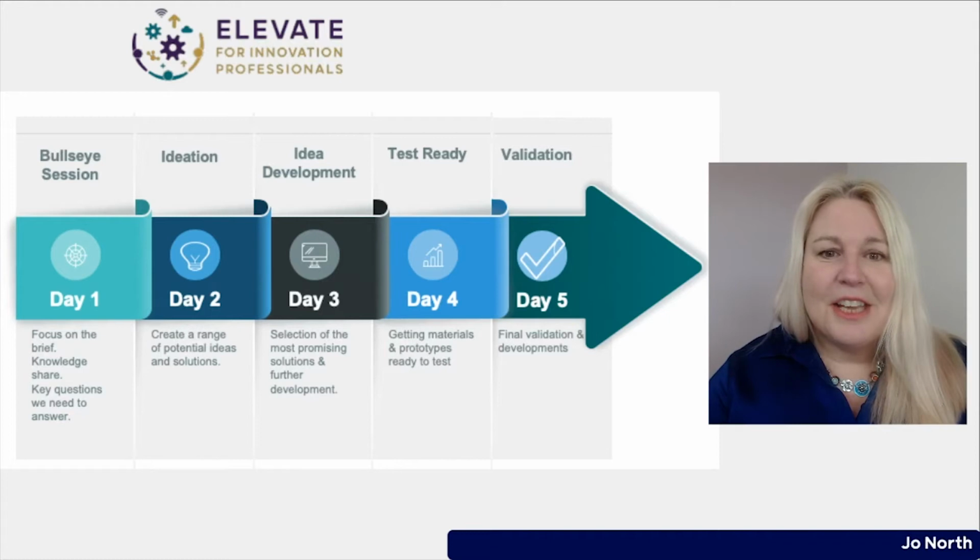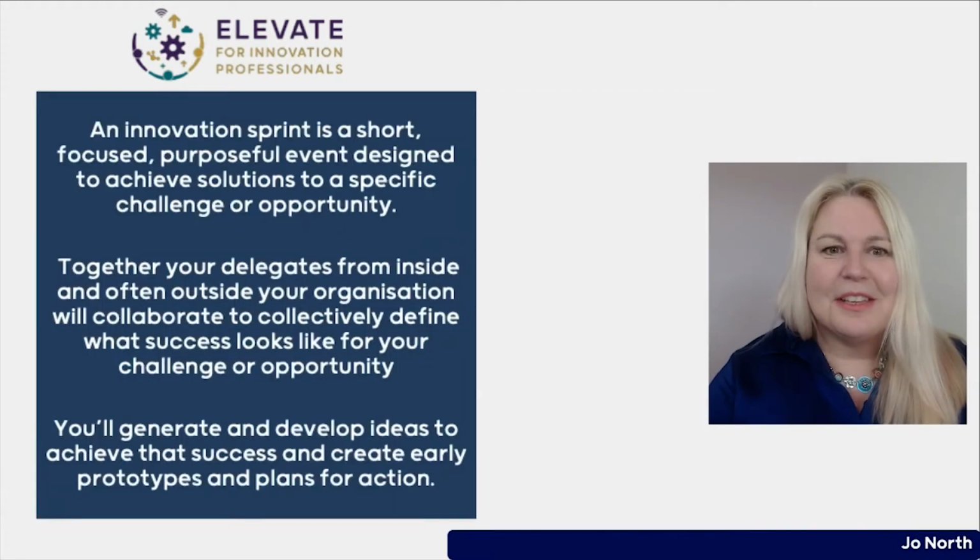And then the final stage is validation. So it really depends how you do it, but that tends to be the overall shape of an innovation sprint. And there are variations according to what the sprint topic is, how many people, how much time is available, and all of those sorts of things.